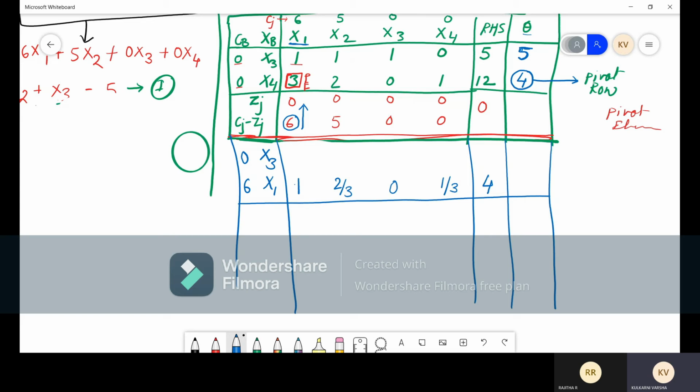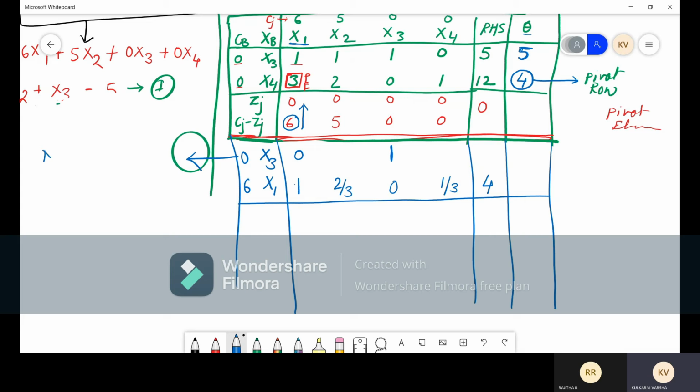So x1, x1, at this place we got 1. Now x1 and x3, at this place we got 0. Same way, here x3 and x3, at this place we should get 1. And here x3 and x1, we should get 0.